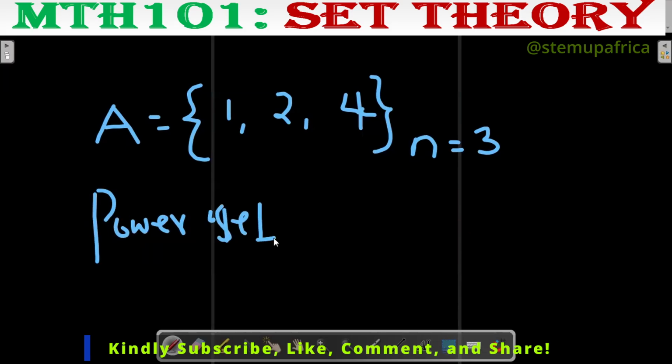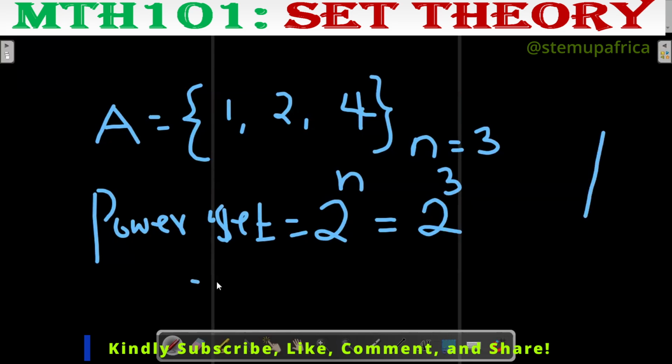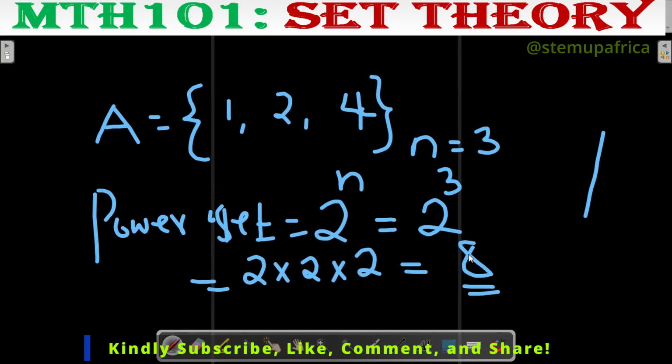Remember, it's given as 2 raised to power n, which is now 2 raised to power 3. So 2 raised to power 3 is written as 2 times 2 times 2, in 3 places. If I multiply them, we have 8. So the power of this set is 8.